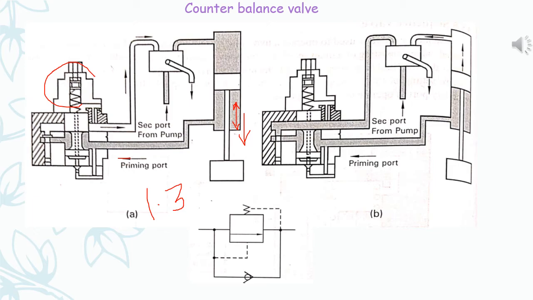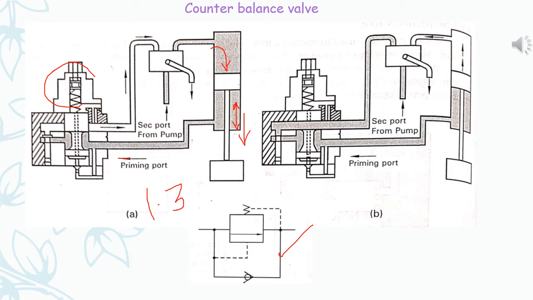So this is the symbol used to represent counterbalance valve, showing even the check valve. When the pump flow is directed through the direction control valves to the top of the cylinder, the piston is pushed downward.